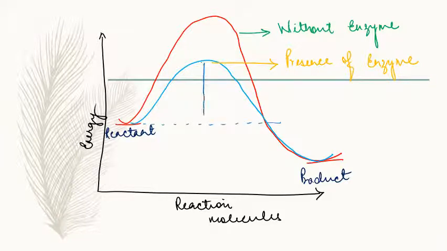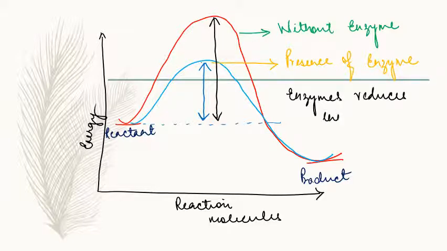In the presence of enzyme, the energy consumption is less compared to the absence of enzyme. In the absence of enzyme, energy is higher, and in the presence of enzyme, energy is less. How is it less? Because it forms a bond with the substrate, which will release the excess energy. So we can say that enzymes reduce the activation energy.